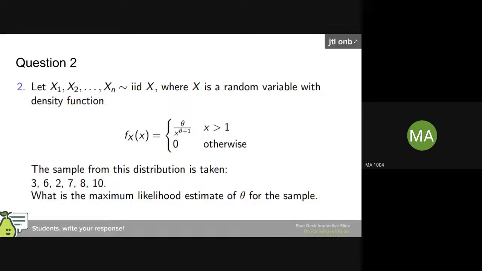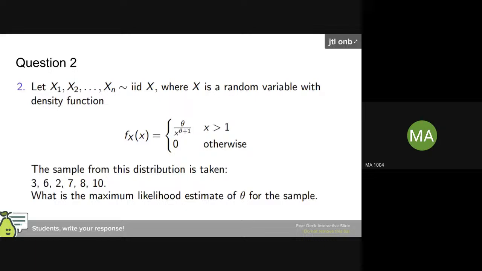There are some x1 to xn IID samples coming from x, and x is a random variable with the density function given like this: theta by x power theta plus 1 when x is greater than 1, and 0 otherwise. As we said, it is a density function. If you integrate it from 1 to infinity, you will get 1, independent of what theta is.